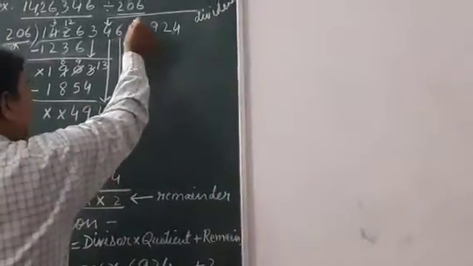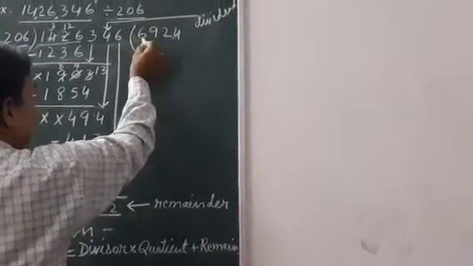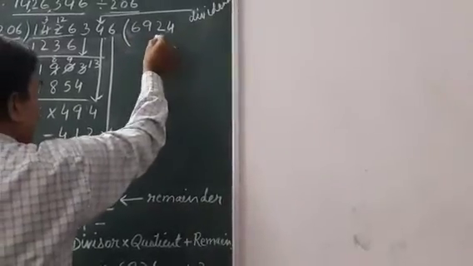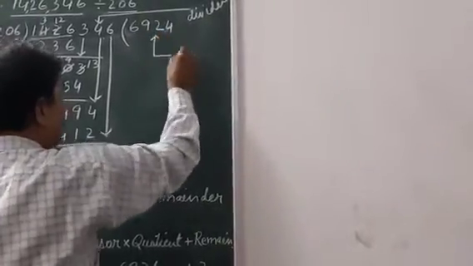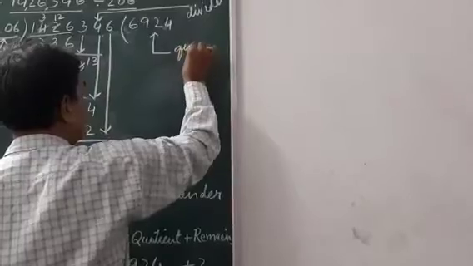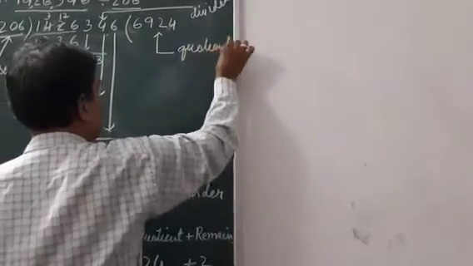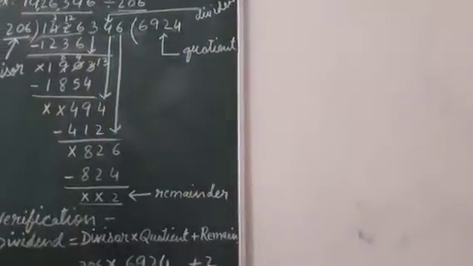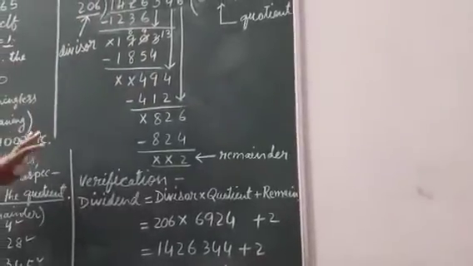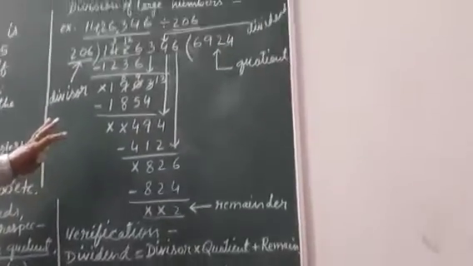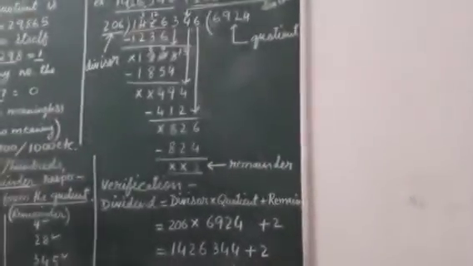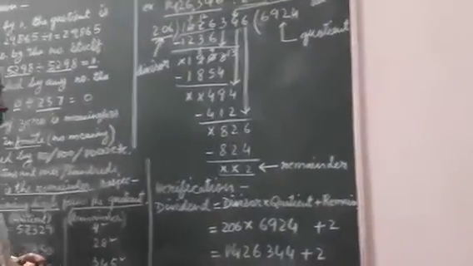And the answer of this division, that is 6,924, this number is called the quotient. Children, I hope you have understood how to perform division on large numbers. It is similar to division of small numbers.